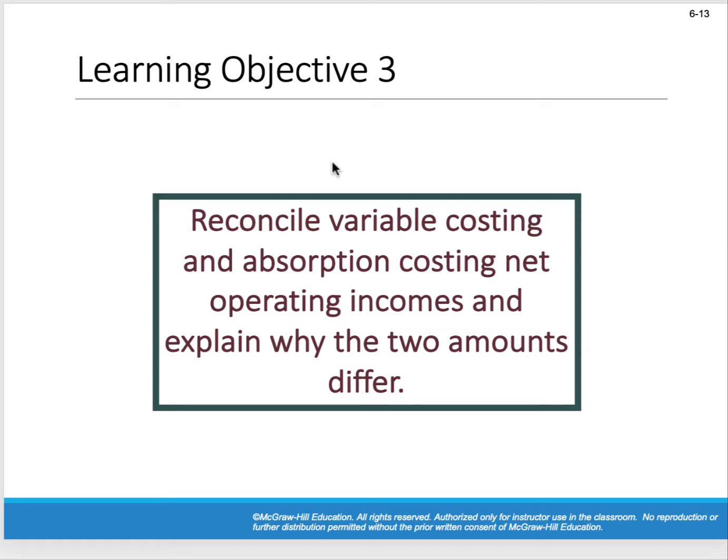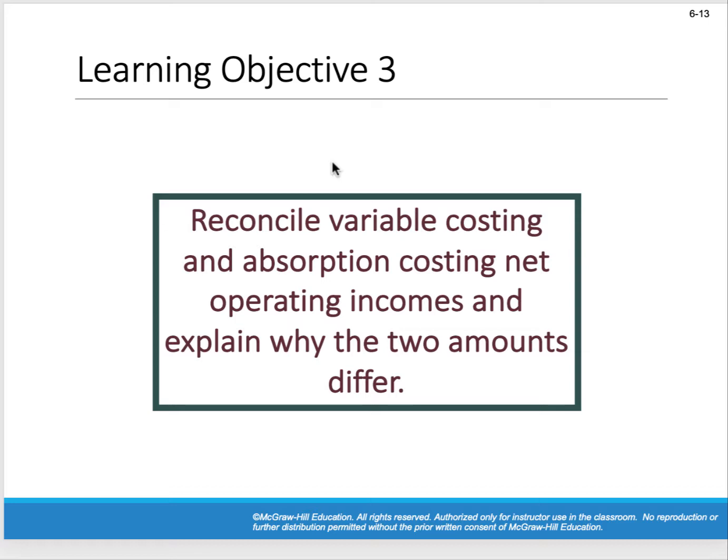We said as soon as we started this chapter that the difference between absorption costing and variable costing is how we handle our fixed manufacturing overhead. Variable costing says fixed MOH is expensed as soon as it is incurred. Under this method, fixed manufacturing overhead never becomes part of the product cost.